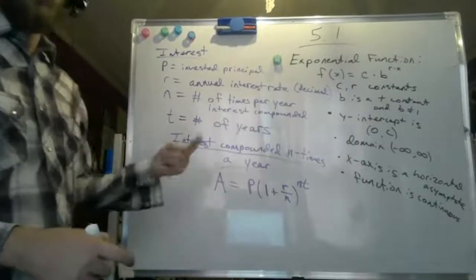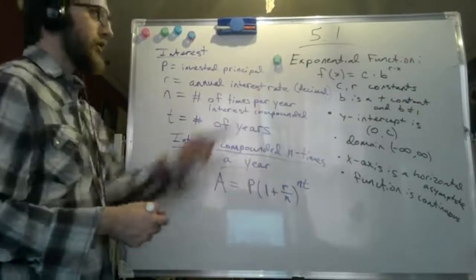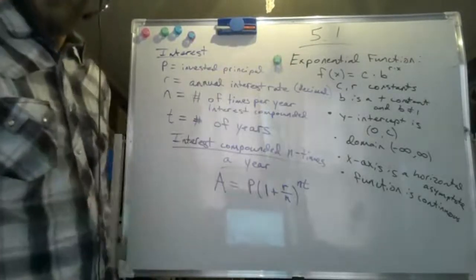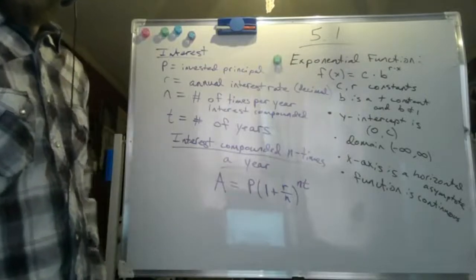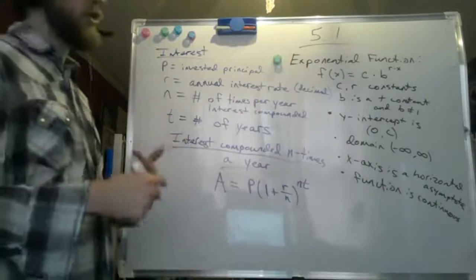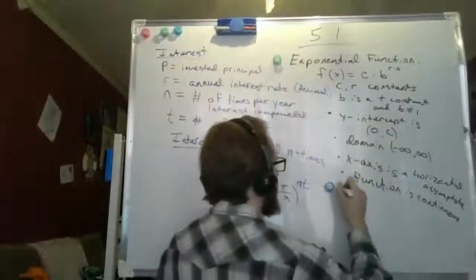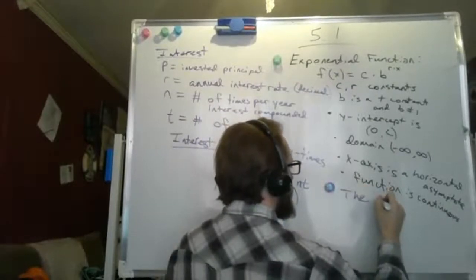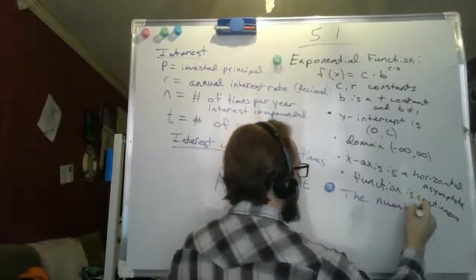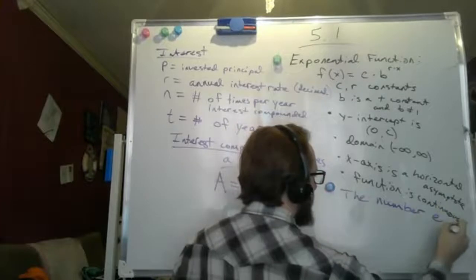There's also going to be one more equation we're going to need for this section, 5.1. Now this other equation also requires that we know about another number. So this number we need to know about is the number e.